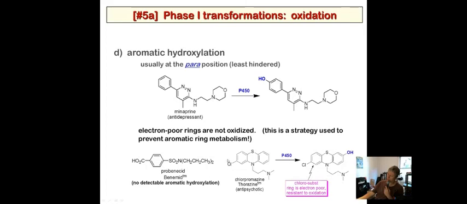So it's pulling electrons towards it, and that makes the left side kind of electron poor. It also is sort of blocking this benzene because it's a large atom. So the possible metabolic site is up here, but with this large atom up here, it's sort of blocking that site.